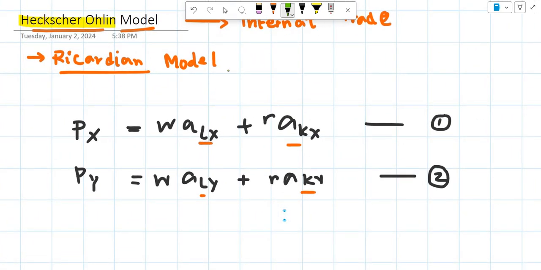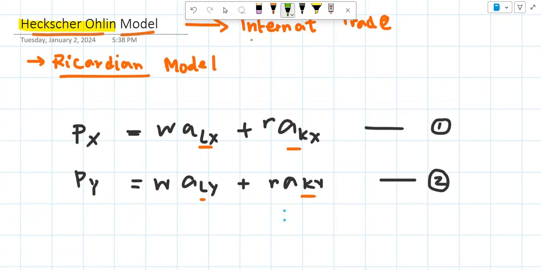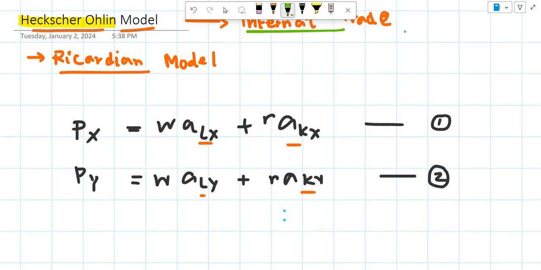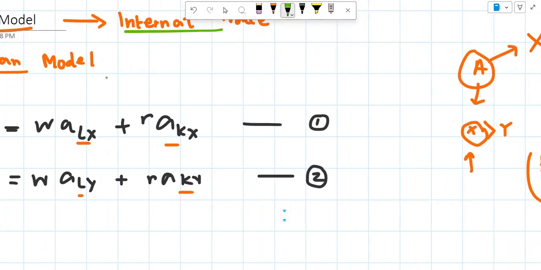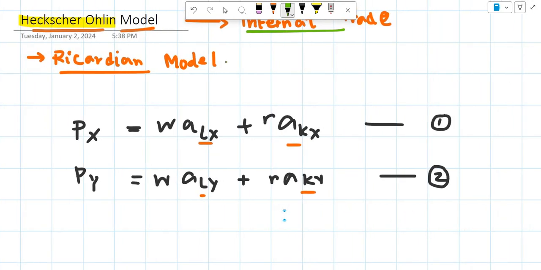The Heckscher Ohlin model can answer that question by saying that international trade can occur even if the production processes are the same. Then where does the difference lie? So the Ricardian model basically considers trade occurring due to difference in production function.